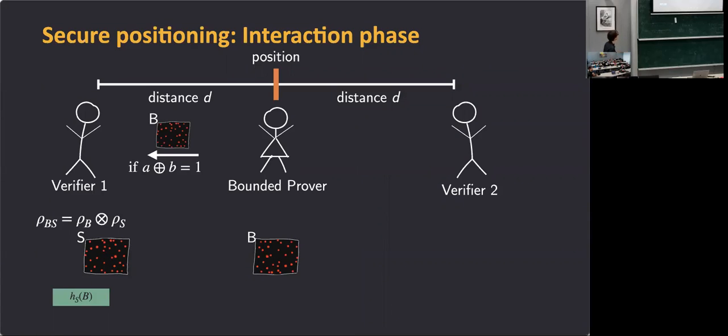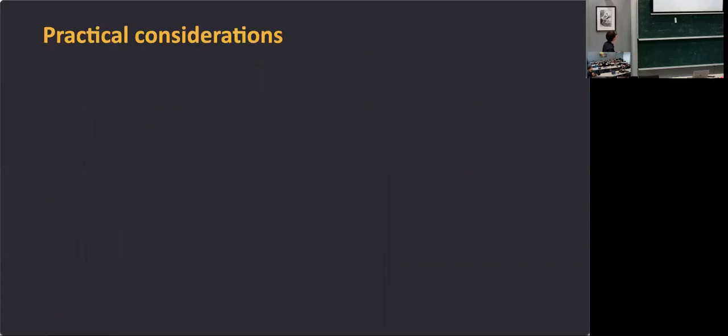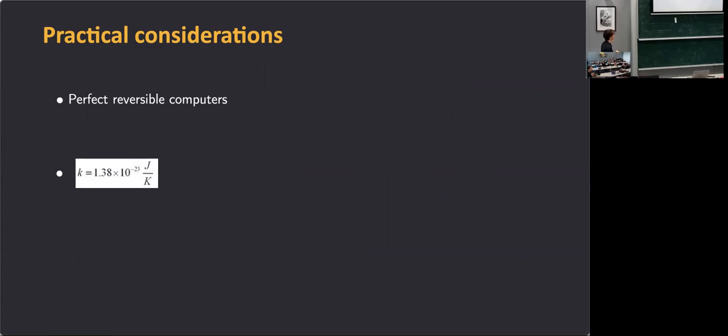So I'm running out of time, so I will talk about the practical considerations. The most unrealistic thing about this is having perfect reversible computers. One big problem is that the Boltzmann constant is so small that the states that we will actually have to use will need to be really large for any free energy bound to be meaningful.